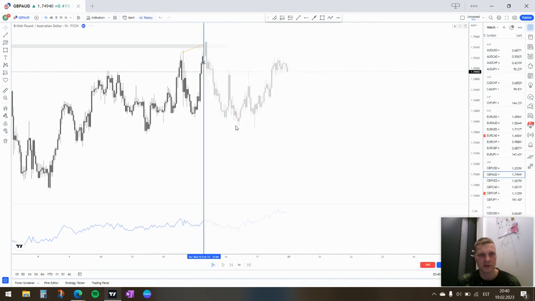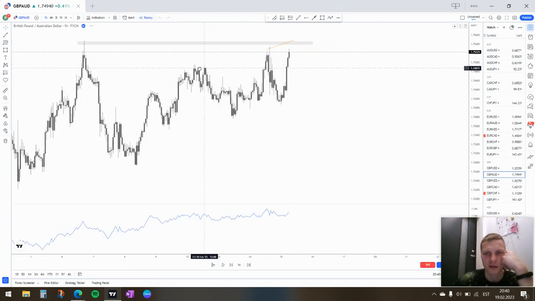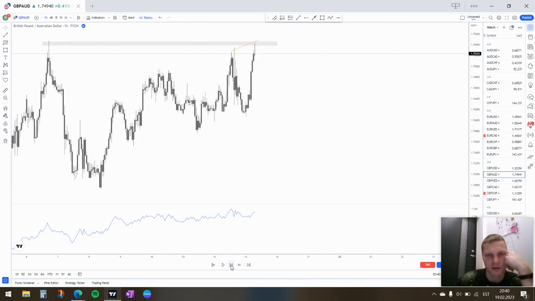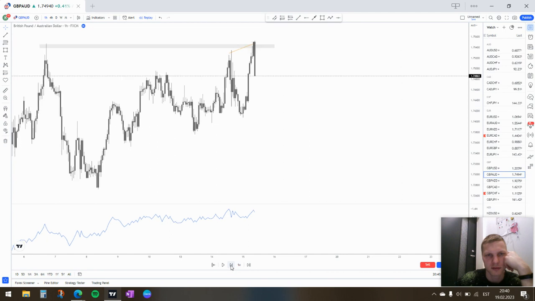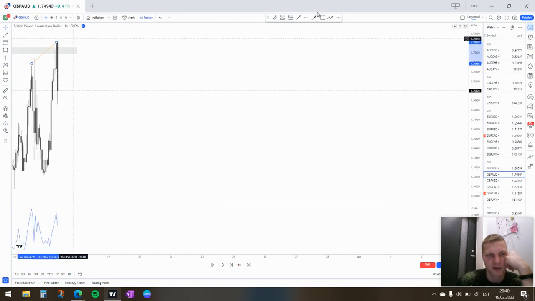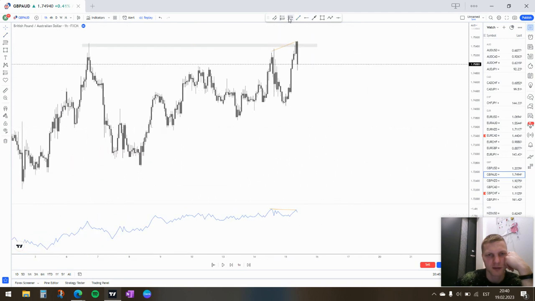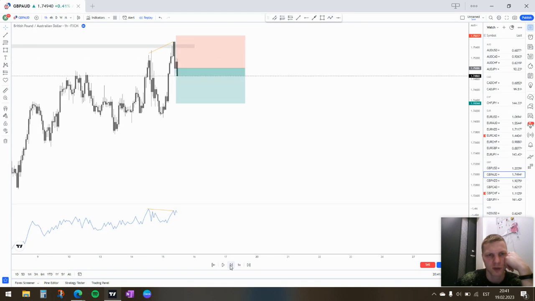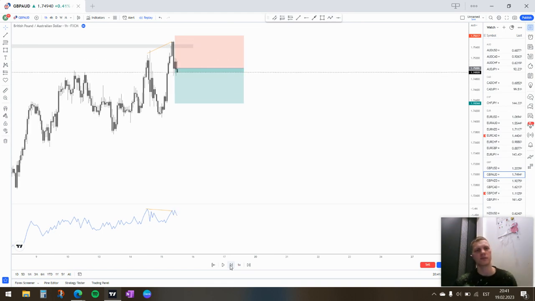I know I took this trade, so let's see what it looked like. So I took this trade, and when you see here, there's divergence here, right? I took this trade from here, starting from the next hour, I think. And this is what it did.